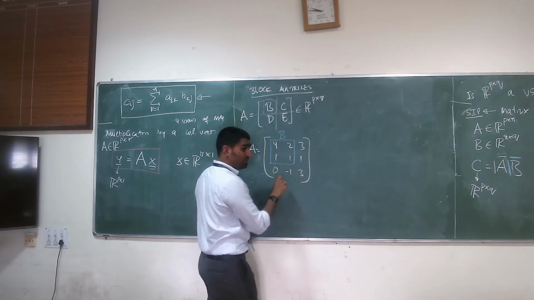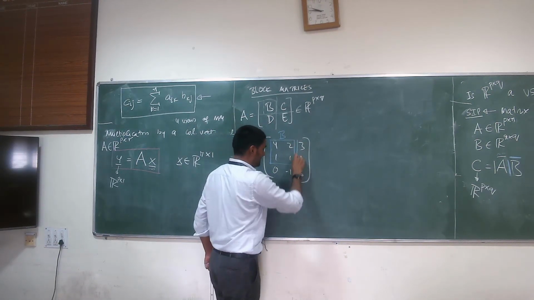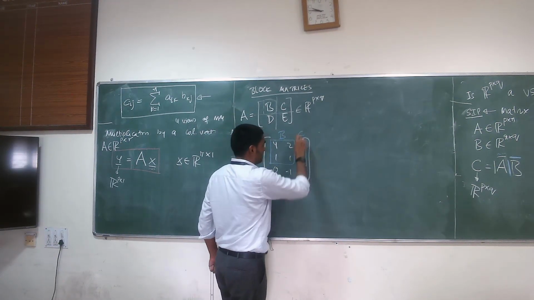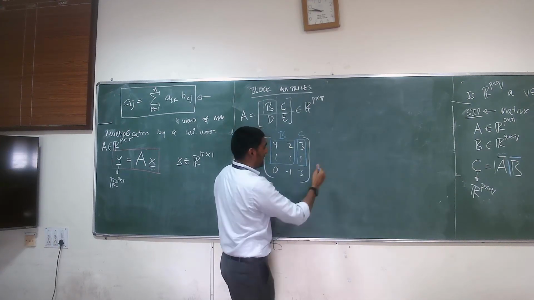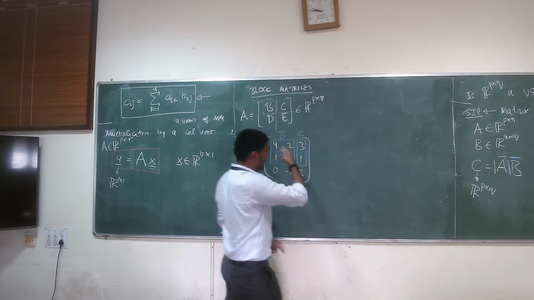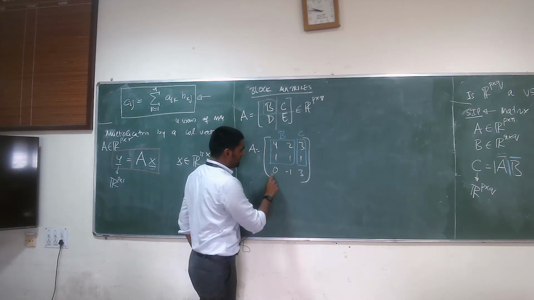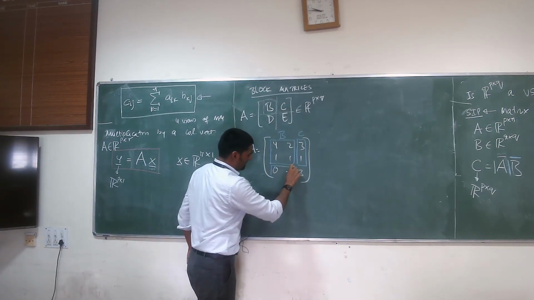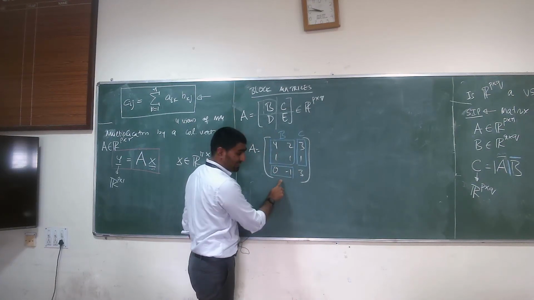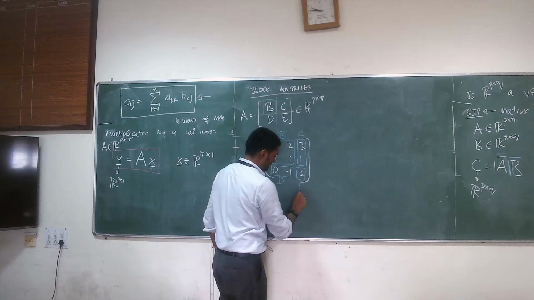If I define this to be B, my C is already defined, because this has to be C. But if there are more columns, I could have just said this is C, and the other ones are D, E, F. But the number of rows is fixed for C. This also means the number of columns for D is fixed. This is D, and this is E.